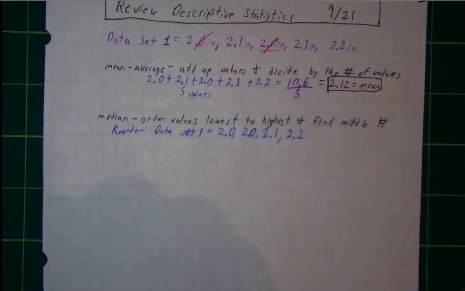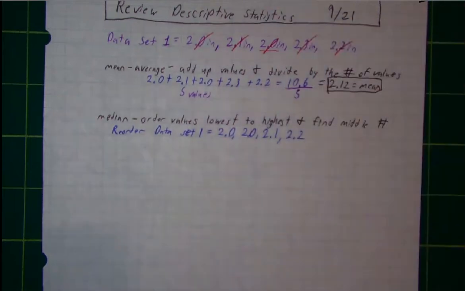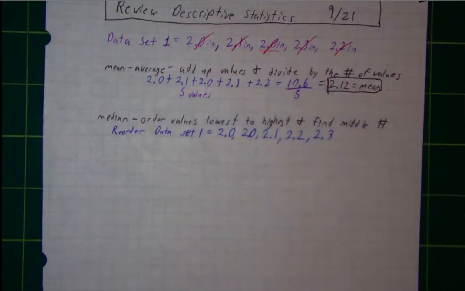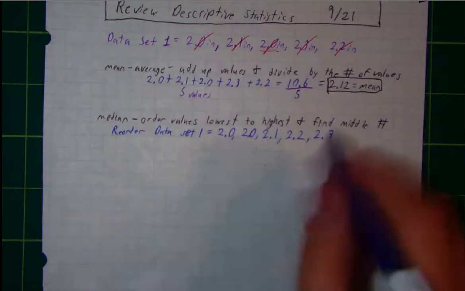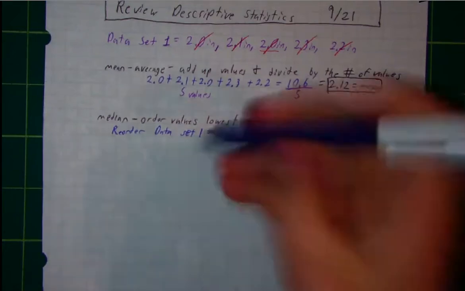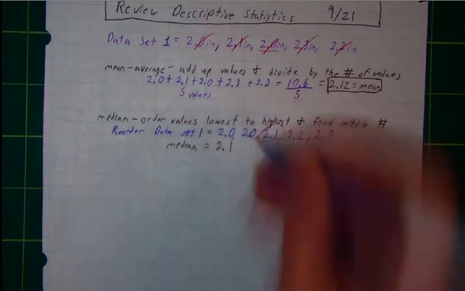I'm going to cross those off too. And then, of course, all we have left is 2.3. Well, now that it's reordered, we look at which one is the middle number from lowest to highest, and that is clearly this number, 2.1. So our median equals 2.1.